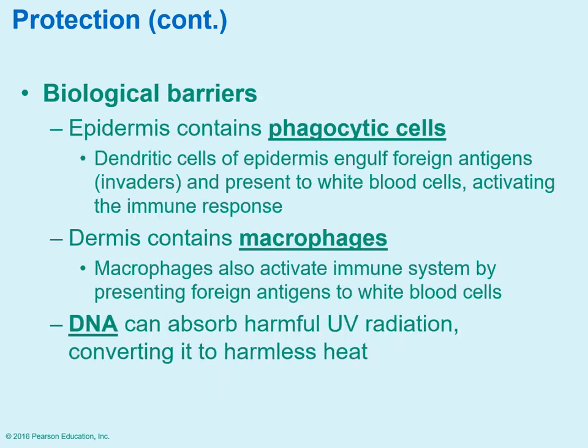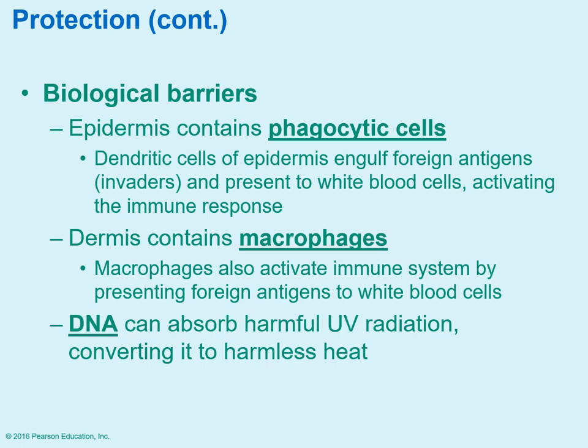In terms of a biological barrier, remember, oftentimes I mentioned about phagocytic cells that the epidermis contains, those dendritic cells that carry out phagocytosis. The dermis layer has macrophages, which also carry out phagocytosis. These are all working together to try to detect any type of foreign invader and attack it before it's able to penetrate deeper into the body.